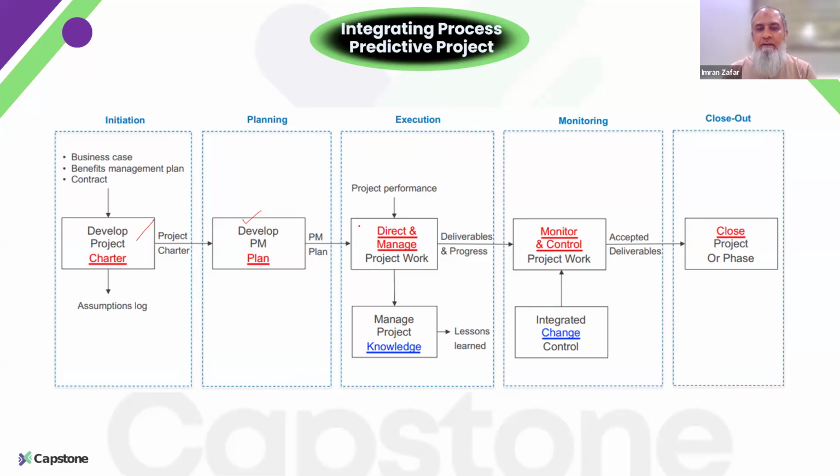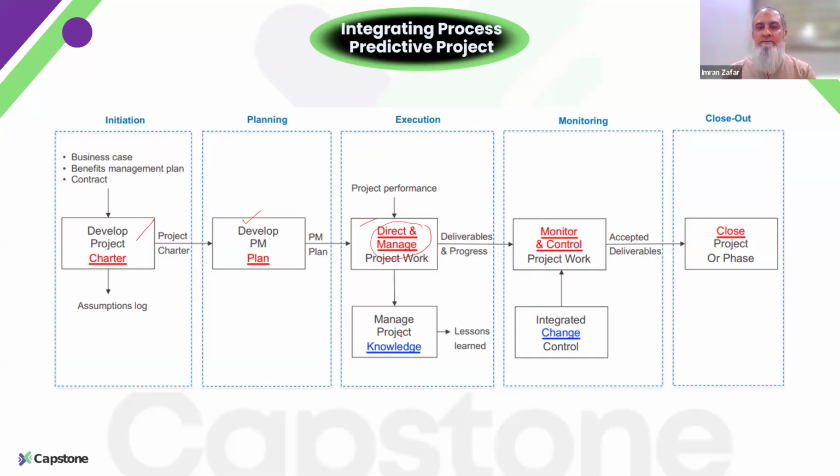And in the execution part, we have an important process, which is direct and manage project work, where we actually start working or executing our tasks to produce our deliverables. And when we are executing, we are generating some knowledge as well. Knowledge in terms of lessons learned, risk registers, our issue log, our change log.